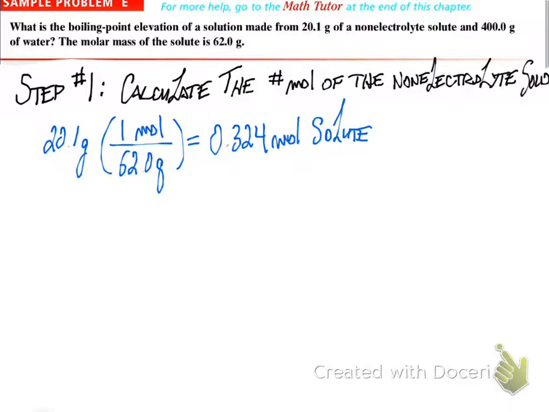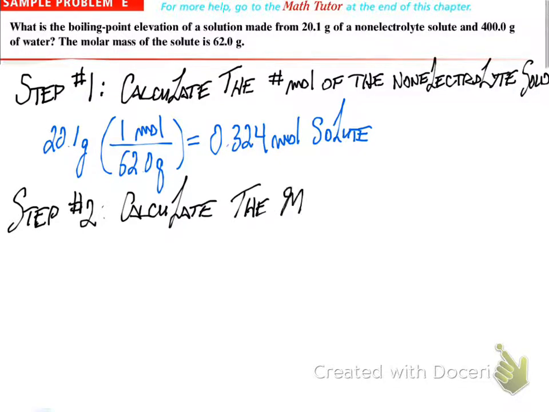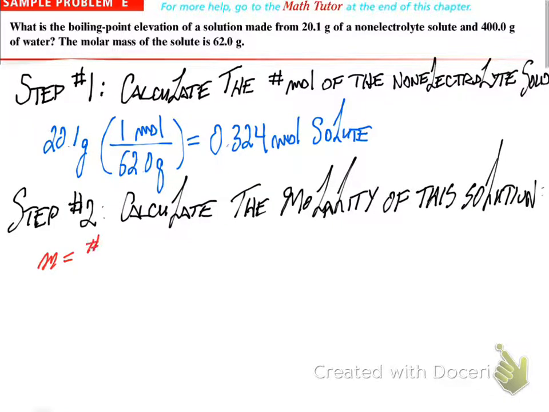Now I know the number of moles, and I also know the amount in grams, but I still need the mass of the solvent, which happens to be water again. So I can use step 2, the molality formula, which is molality equals the number of moles divided by the mass in kilograms of the solvent.